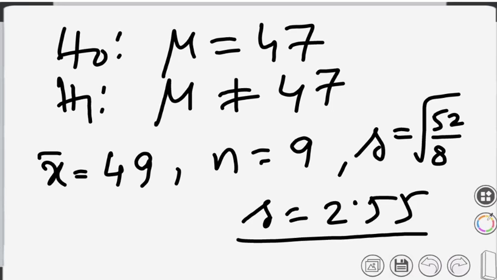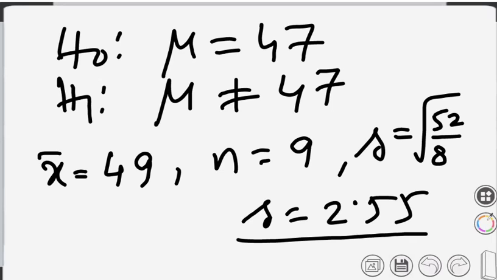So here it will be t distribution. Just check the table. So according to the formula, we have to use t equals x bar minus mu by s by root over n.